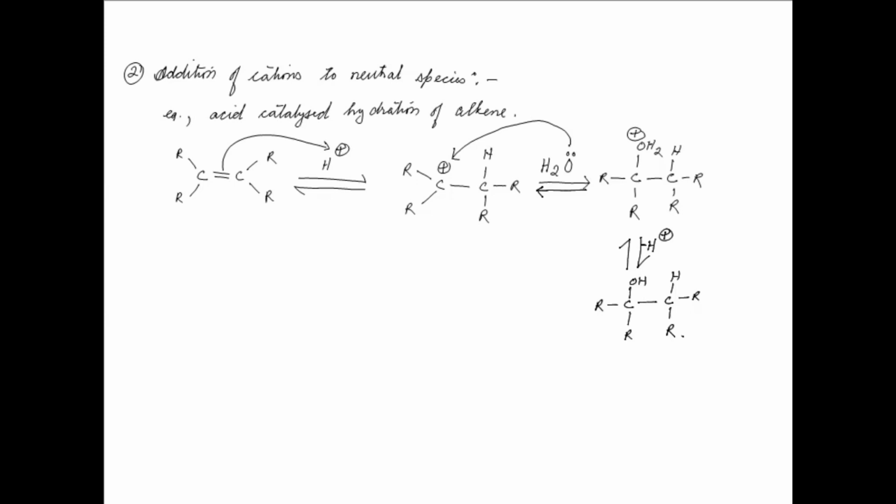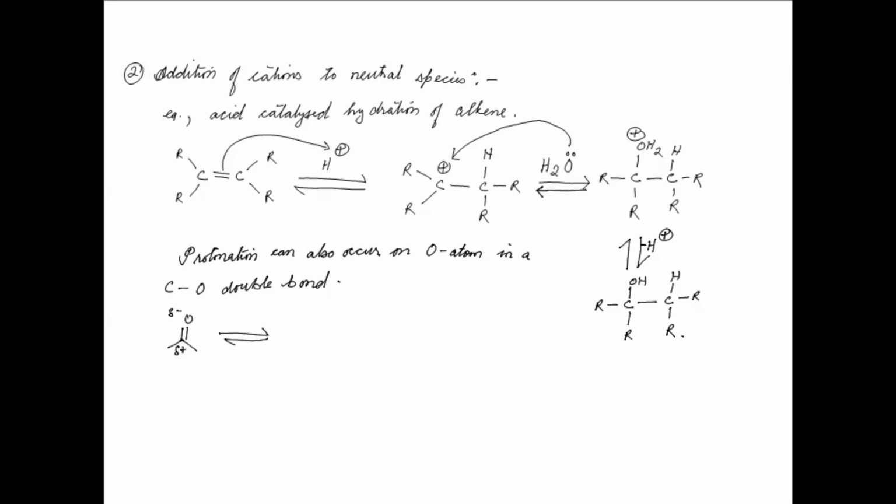Now what happens is that protonation can also occur on the oxygen atom in a carbon oxygen double bond. For example, if you have a ketone, now you know that the ketone carbon is delta positively charged, and this oxygen is delta negatively charged.